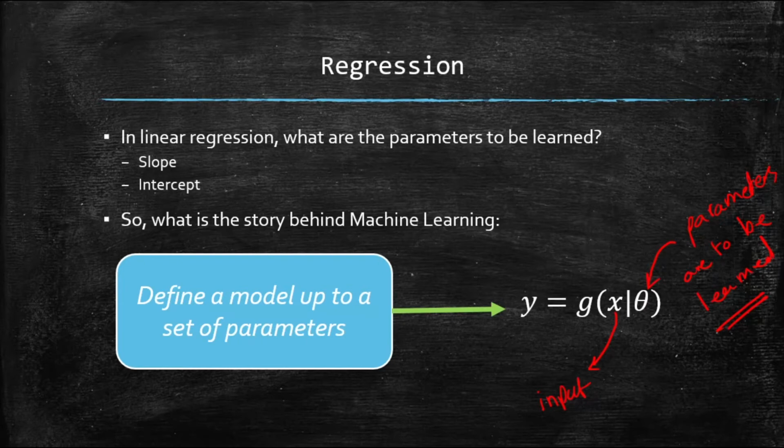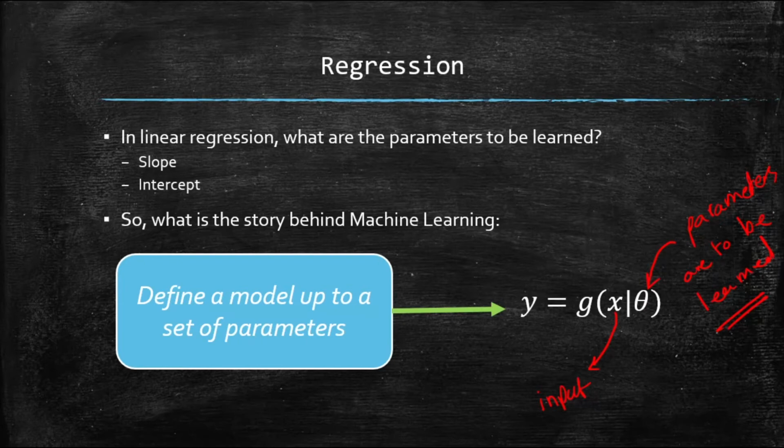Just another example for those of you who are a little bit more familiar with machine learning: if you have a neural network, it could have millions of weights between the neurons. Those weights are the parameters of the model, and we can basically label all of them as theta, which is the parameters to be learned, right?